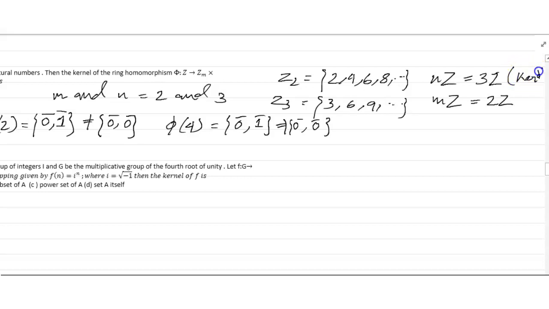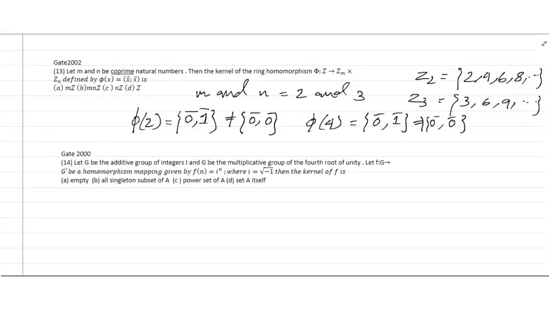We can't get the kernel from either alone. So friends, we see that mnZ is equal to the kernel of phi. So my answer is option B.